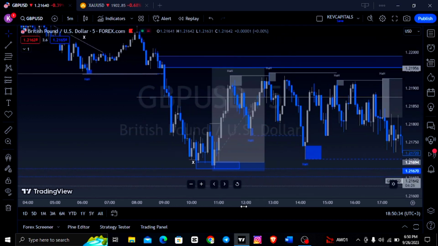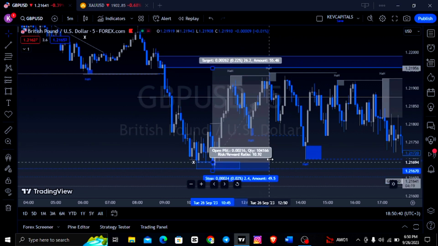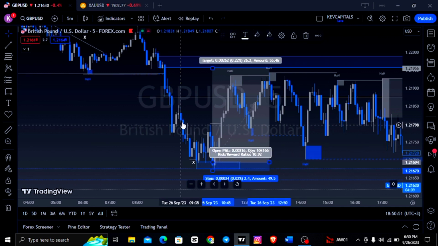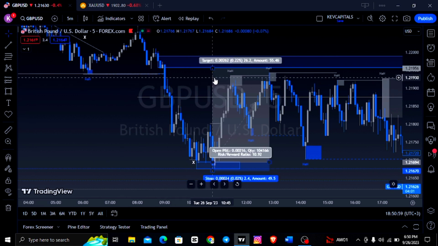But what do you realize on this market? The price actually did not hit our TP, but instead it reversed back. So when you want to manage your risks, at some point I will have entered at this point here.